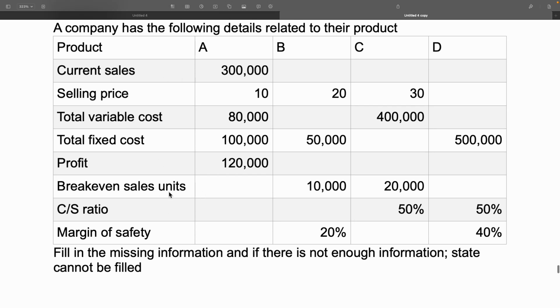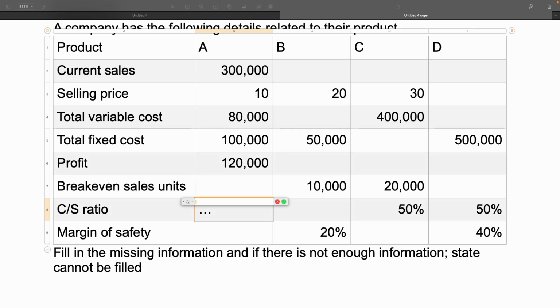So if you look at this, the CS ratio is going to be 220, it's going to be 30 minus 80 divided by 30, 73%.